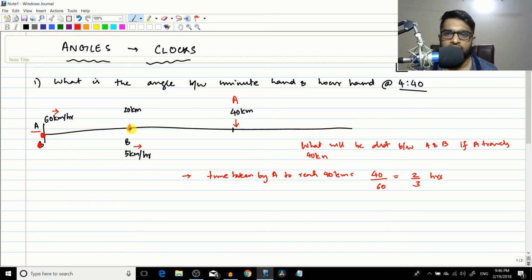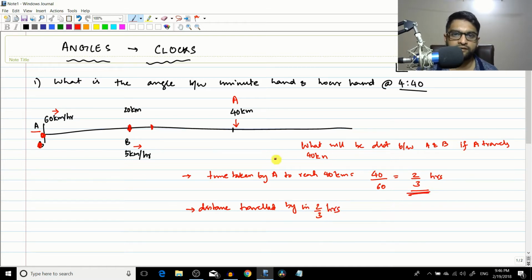At that same time period, that is 2 by 3 hours, B also would have traveled a little bit, right? B is not standing there stationary. So the distance traveled by B in 2 by 3 hours, because 2 by 3 hours is the time in which A reaches 40 kilometers, will be equal to speed into time.